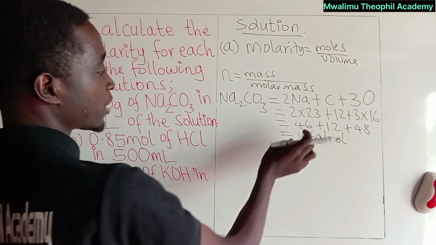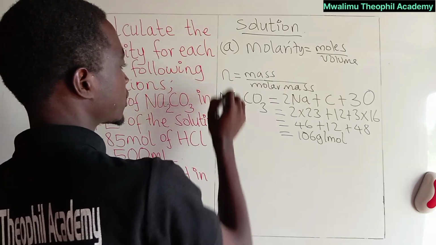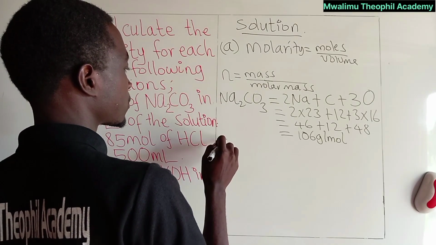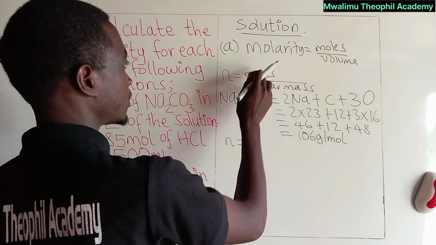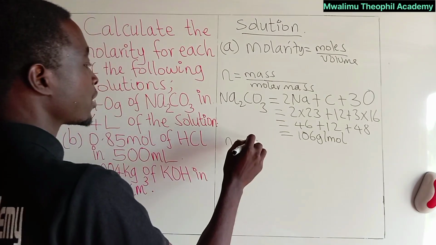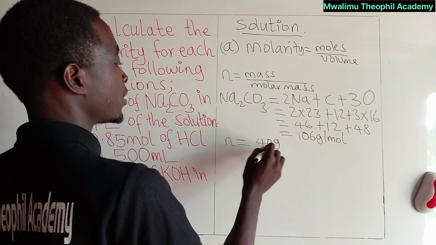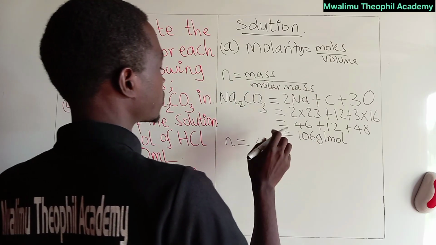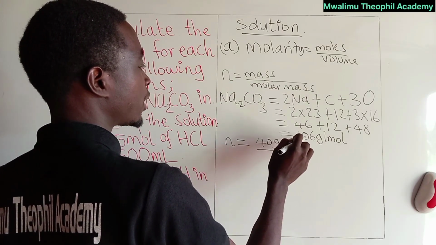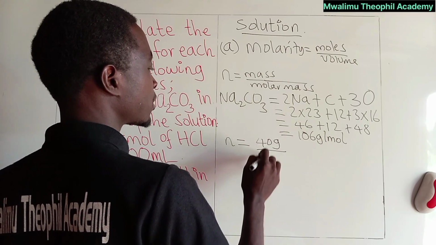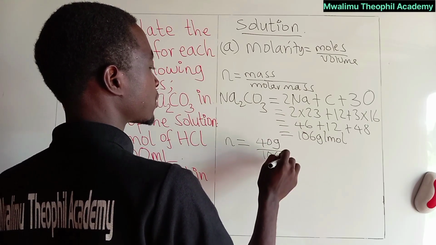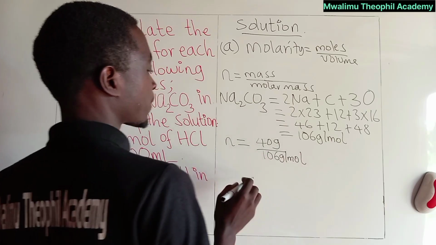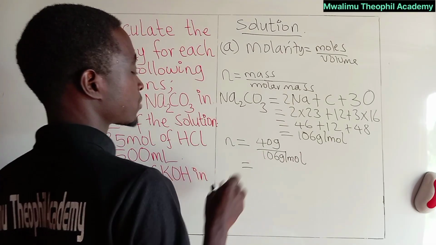Now, after we have obtained the relative molecular mass of sodium carbonate, let's work out the number of moles. As we have said, it is mass, given as 40 grams, divided by molar mass, which is the relative molecular mass of sodium carbonate, 106 grams per mole. Now, let's compute this.